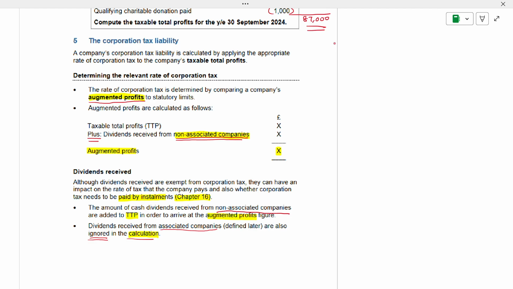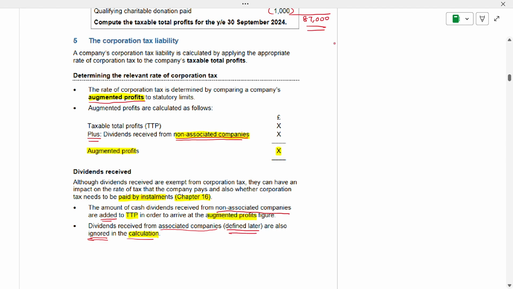Isn't it opposite, sir? Non-associated, we have to add, right? Yes. You said non-associated you shouldn't add. No, I didn't. Non-associated companies, we should add. Yes, sir.